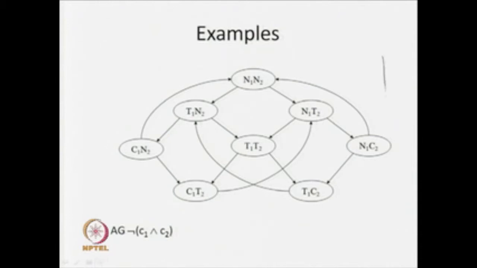This is the Kripke structure that we have, and this is the formula that we are going to check, to see in which states this formula is true. Since it is a Kripke structure, we have the labeling of atomic propositions in each and every state. Like in that simple example, N1 T2 means that process P1 is in the non-critical section and process P2 is trying to enter the critical section.